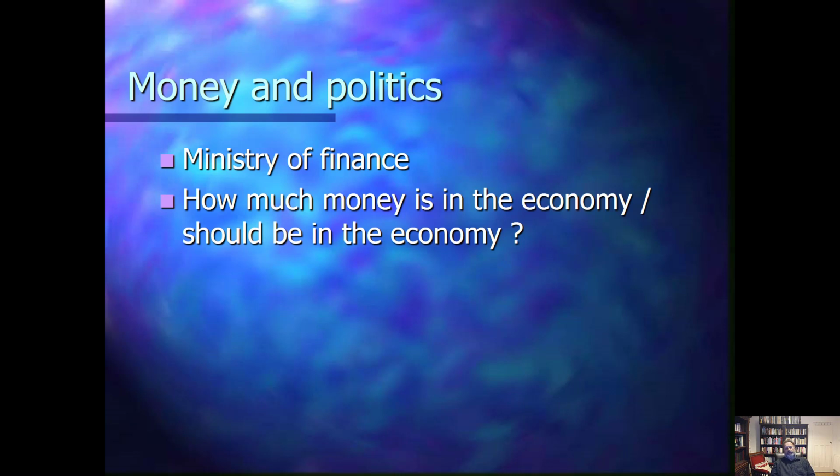So, we discussed earlier about money, how it works in the economy, and one aspect of the money is how much money is there in the economy. Now, this is in the earlier days when money was related to the coins that are produced and effectively a gold and silver content of these coins.